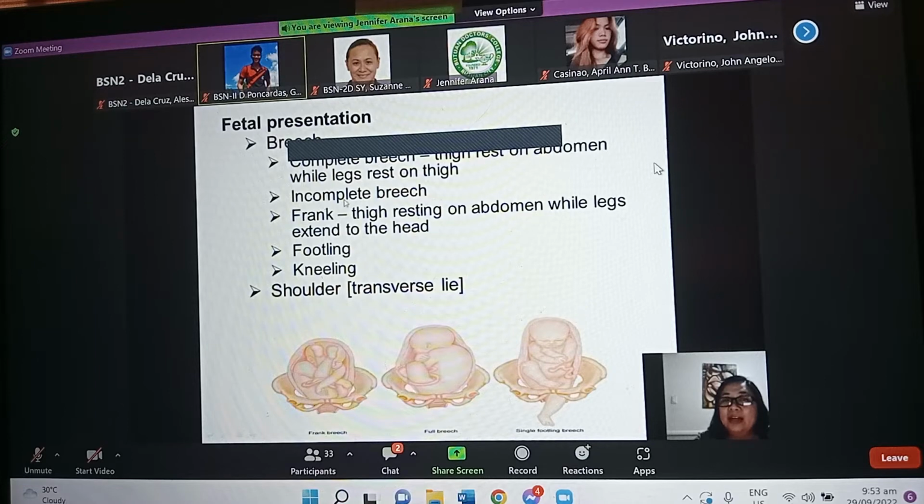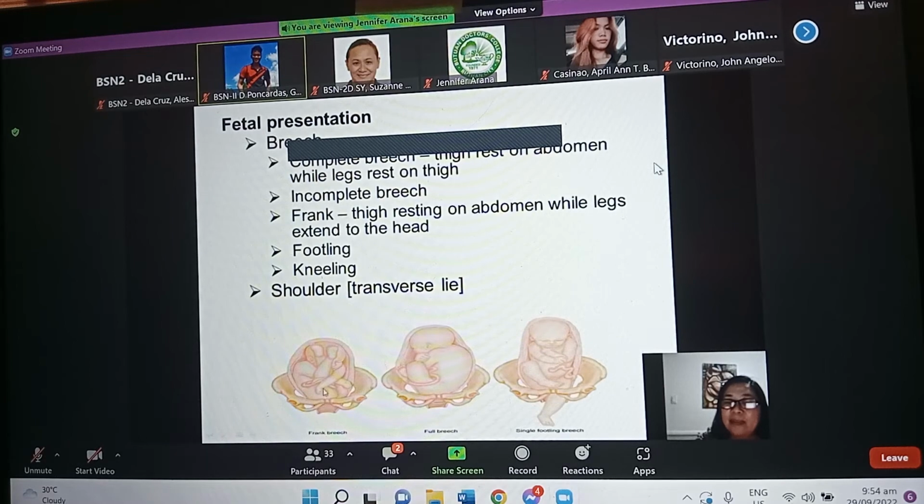Okay. Incomplete breech occurs kung ang isa naka-frank breech, ang isa naka-complete breech. Another is frank breech presentation. The thigh is resting on the abdomen while the legs are extended towards the head. So mao ni ang frank breech presentation, no?